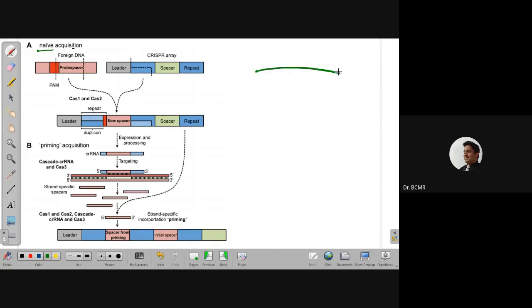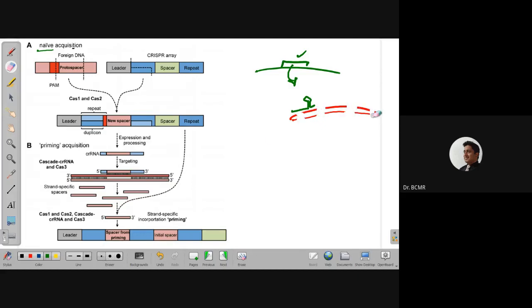So once a naive acquisition, say one protospacer has been incorporated for a particular phage, and if that phage DNA comes again, using the CRISPR of the first acquisition, say for example, I'm trying to draw. This DNA will be broken down, isn't it?